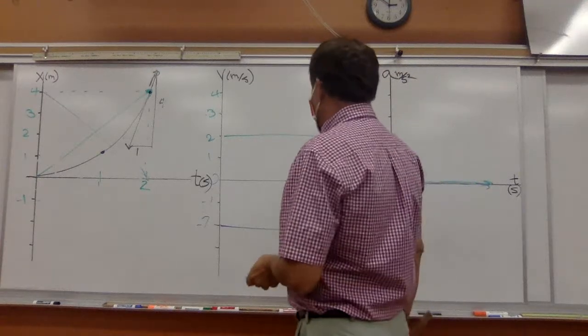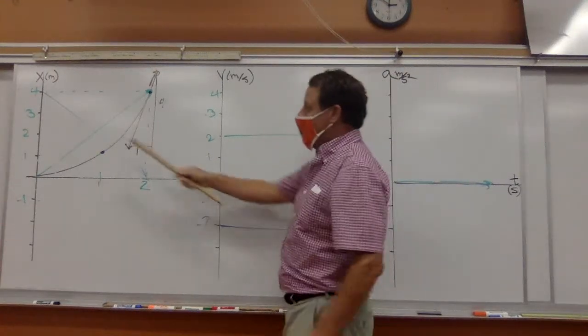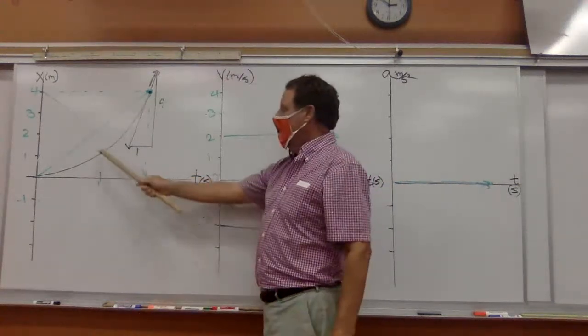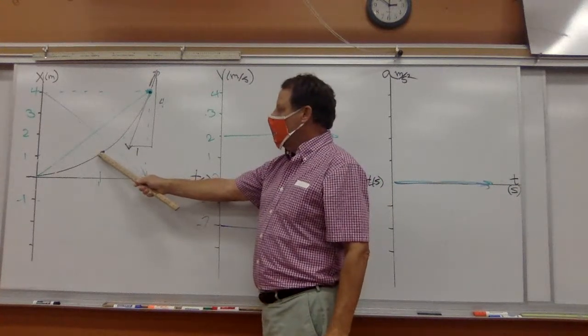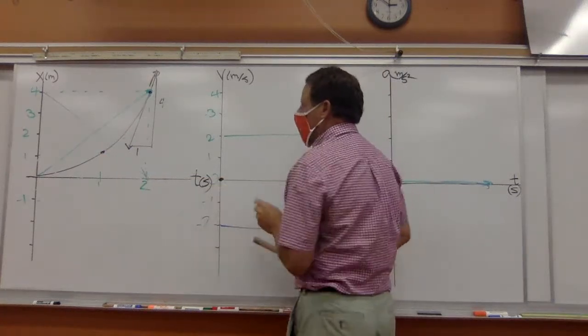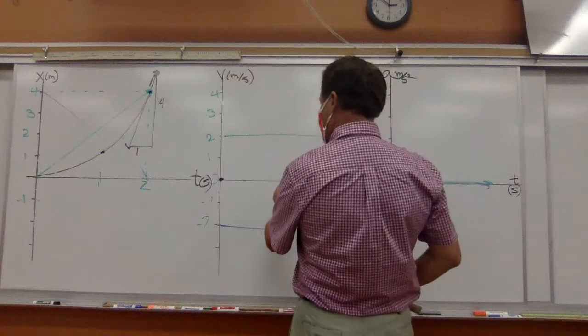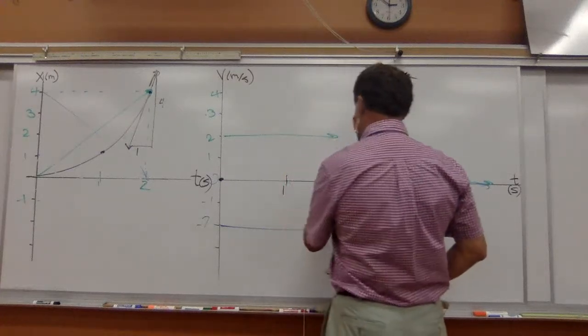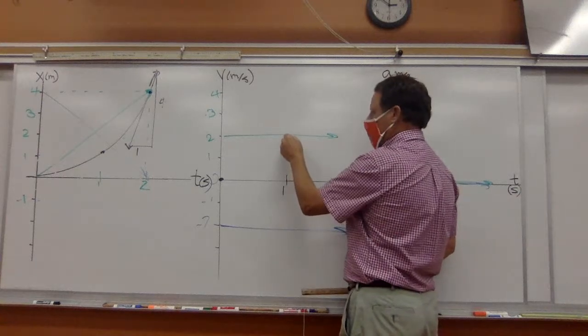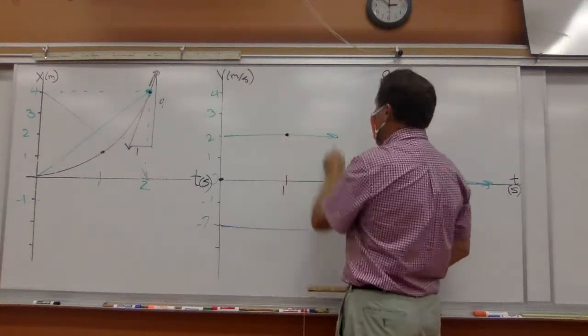Okay, so now when we take this black graph, this accelerating graph, okay, and it is changing, it's starting at 0, and then let's go 1 second, and 2 seconds. And at 1 second, we've got a velocity of 2.